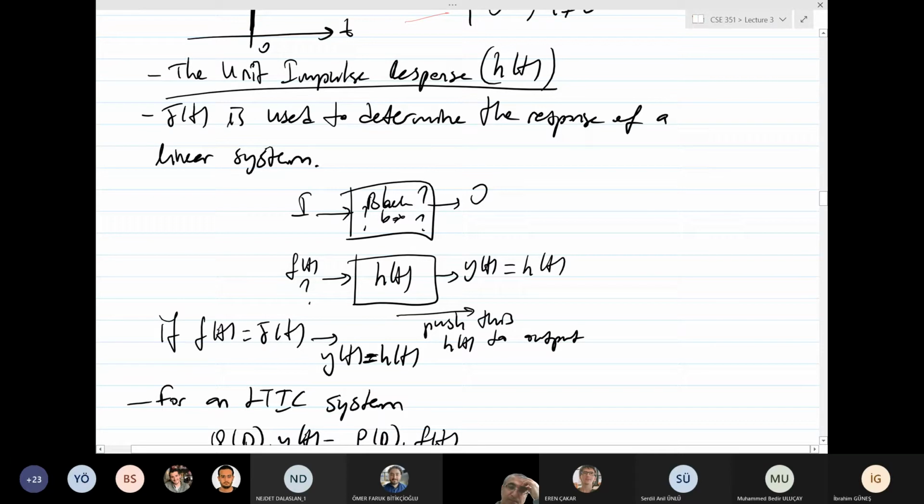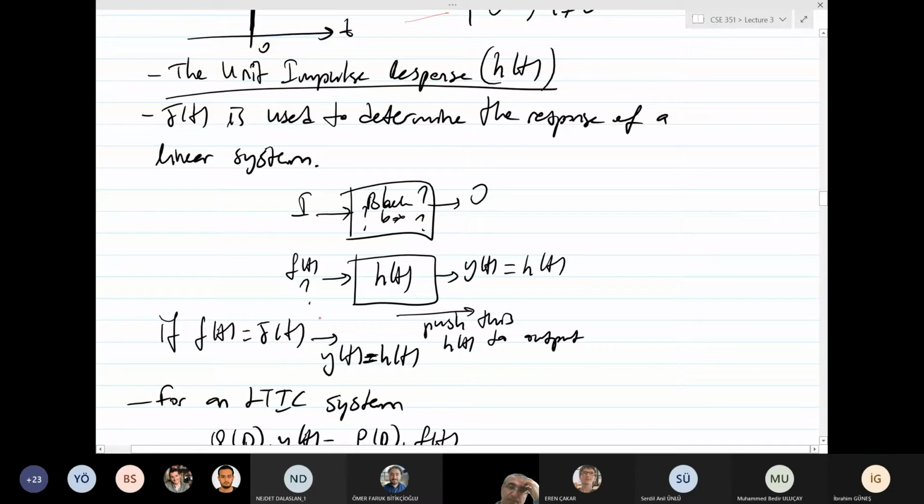It can be a device that you obtain, and you want to learn the behavior of this system. One way to do that is to use reverse engineering to understand the behavior of this system, which we call a black box. And one way to find the impulse response of these systems is to apply the delta function.